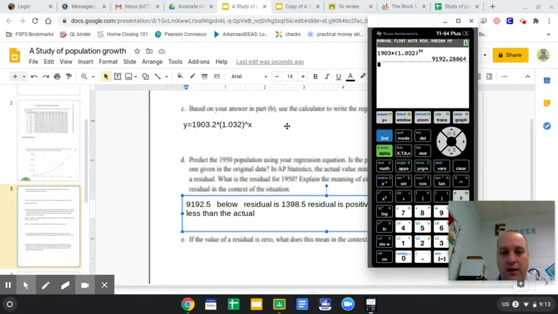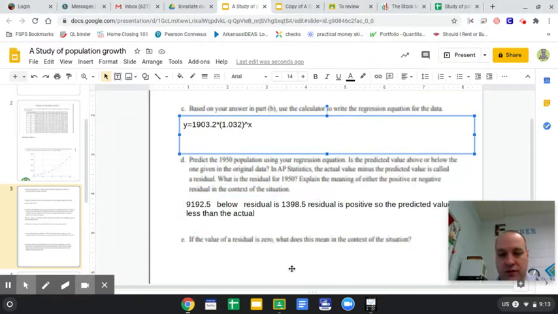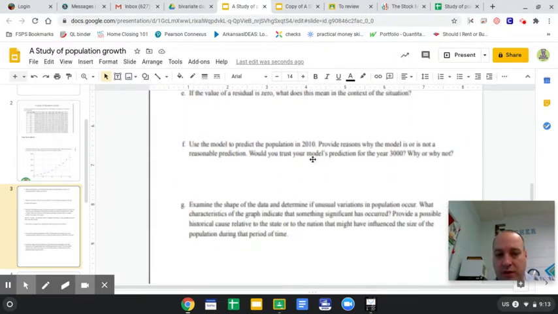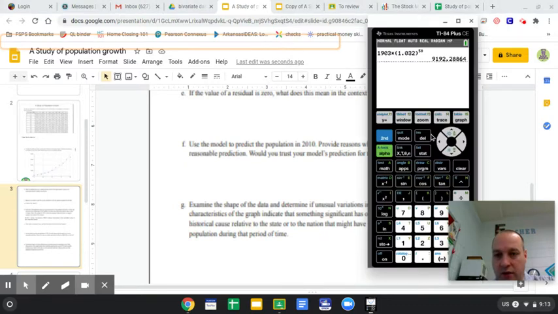All right, so if the value of the residual is 0, we already did that one. Predict 2010. So in my calculator, for 2010, I'd still put 1903 times parentheses 1.032 in parentheses to the 110th power.